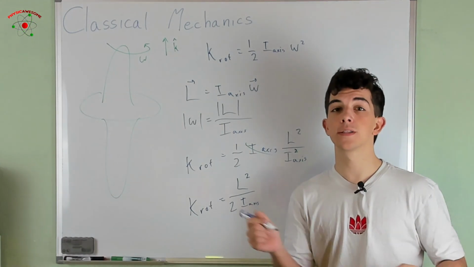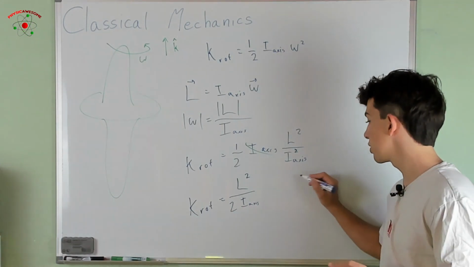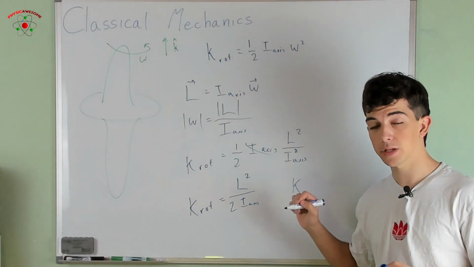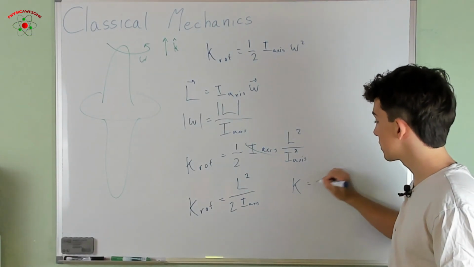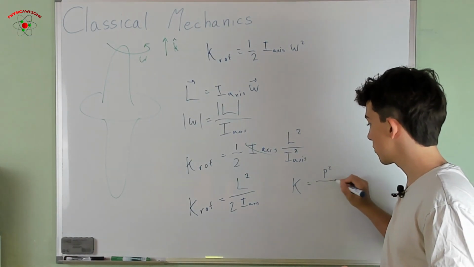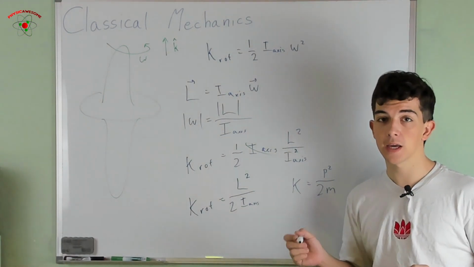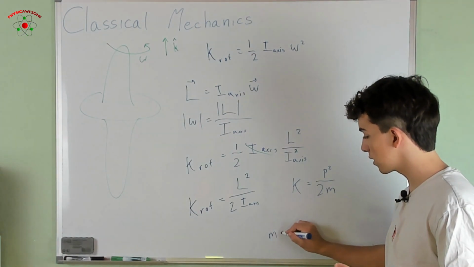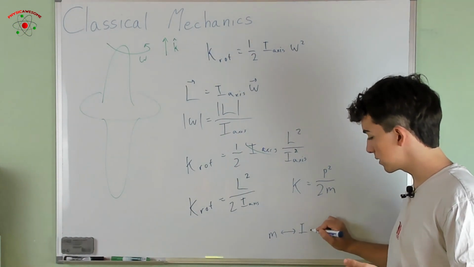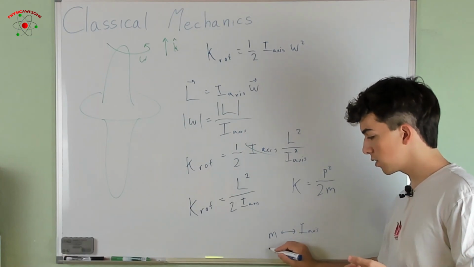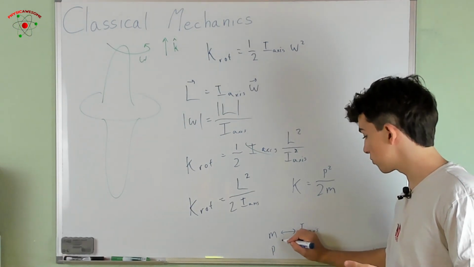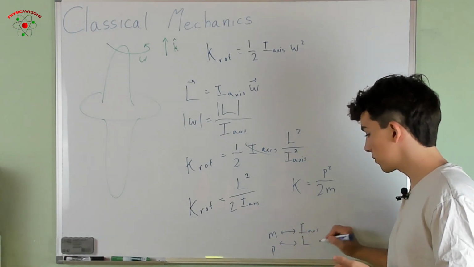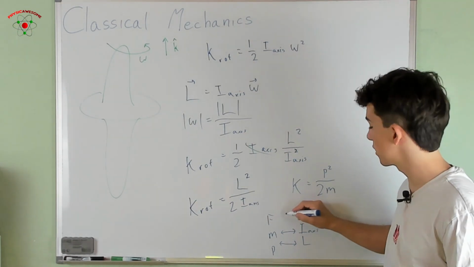Moreover, we find that this is remarkably similar to the expression with linear momentum, in which K equals p squared over 2m. And again, we find these relationships between moment of inertia and mass, normal momentum with angular momentum, and force and torque.